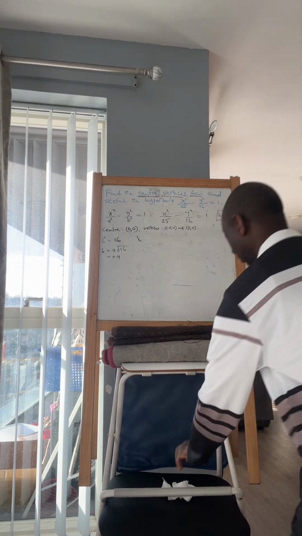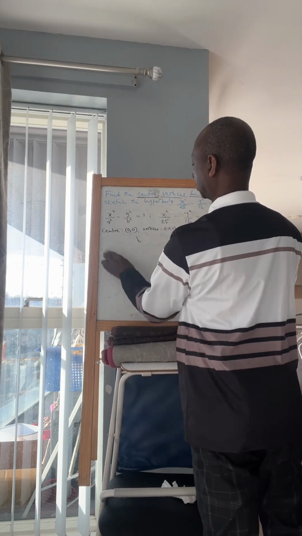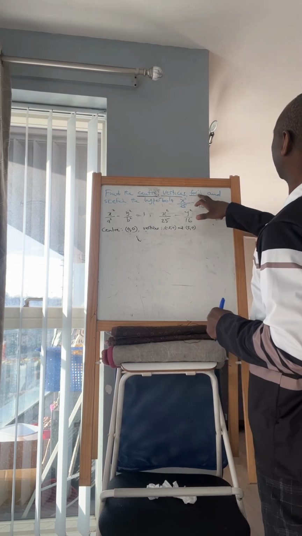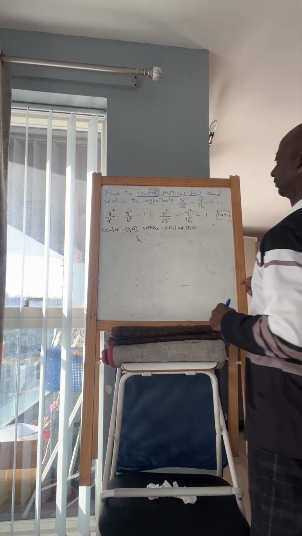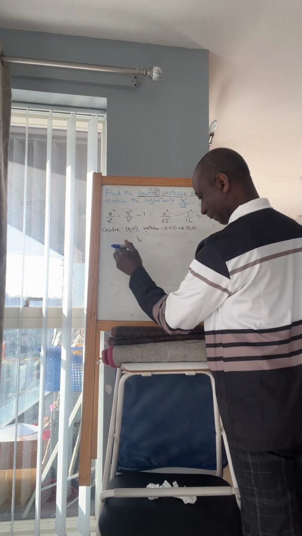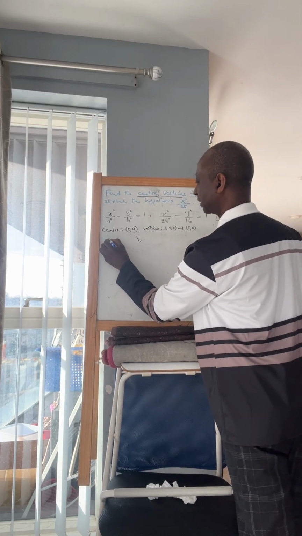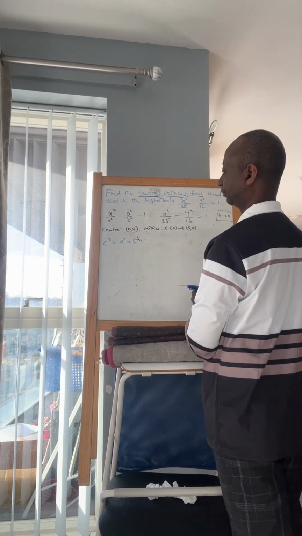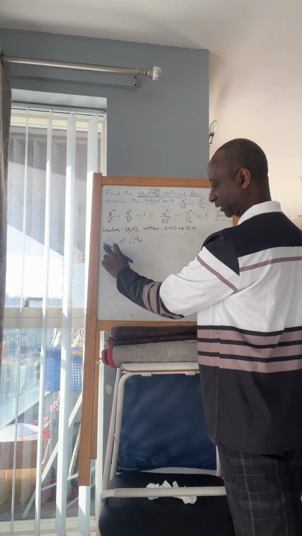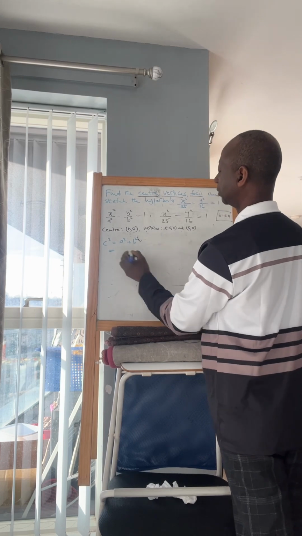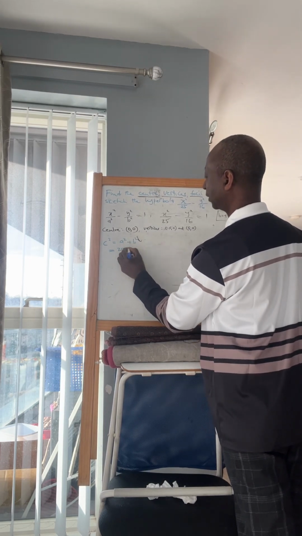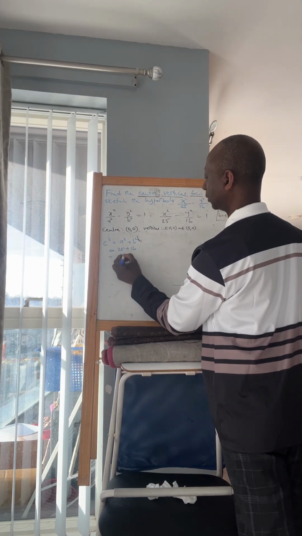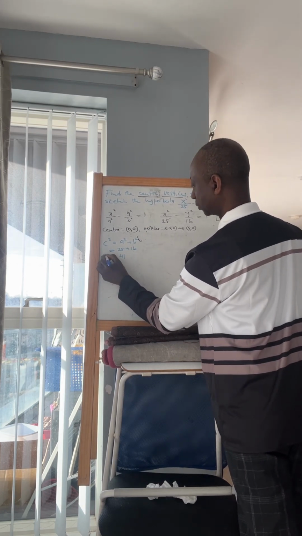I'll be changing my markers because some are not writing properly. Now let's find the foci. We have a formula that says c squared equals a squared plus b squared. So a squared is 25 plus b squared is 16, so c squared equals 41.